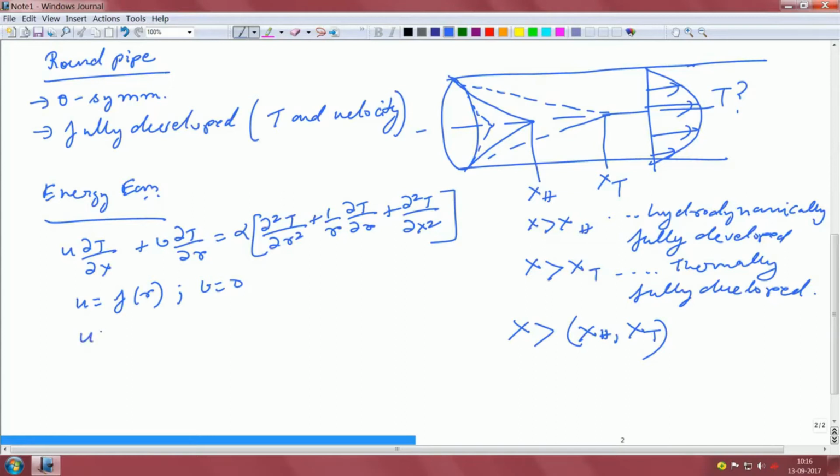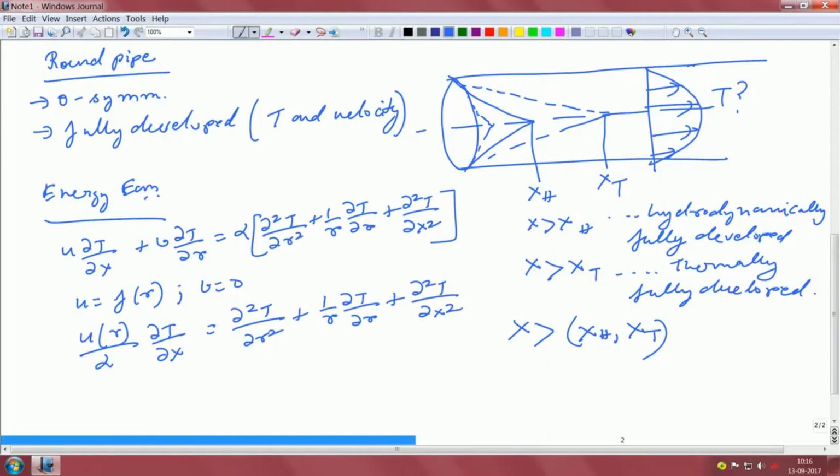So, by simplifying this equation, it will be u dT/dx equals alpha times (∂²T/∂r² plus 1/r dT/dr plus ∂²T/∂x²). That will be the combined equation after we take off this particular term, and we write u as a function of r only.